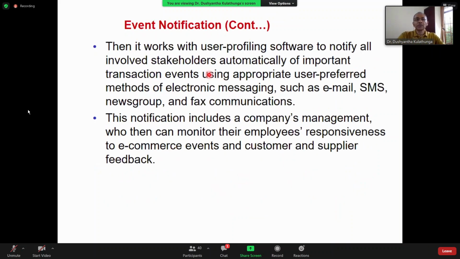Continuing with event notification systems, it works with user profiling software to notify all involved stakeholders automatically of important transaction events, using appropriate user-preferred methods of electronic messaging such as email, SMS, news group, or fax communication.